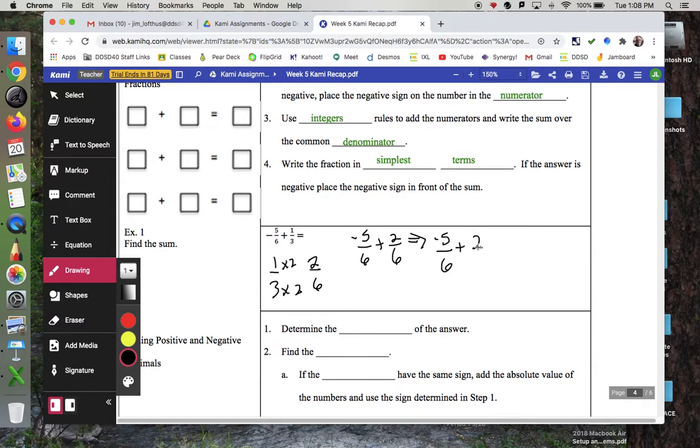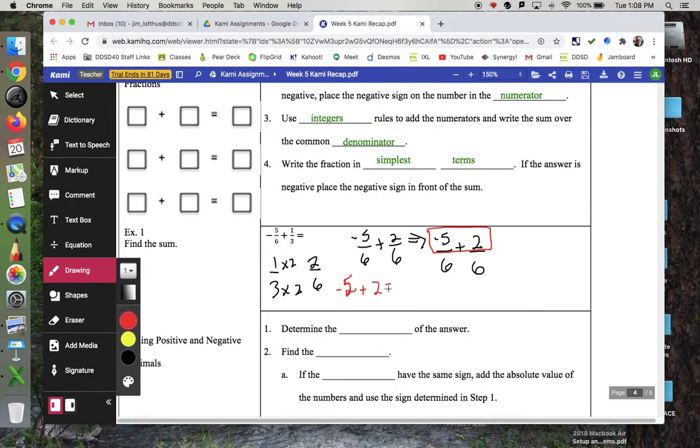And the reason for that is because we are going to, let's go with red here. So this is the focus. We're going to view that as -5 plus 2. So -5 plus 2.